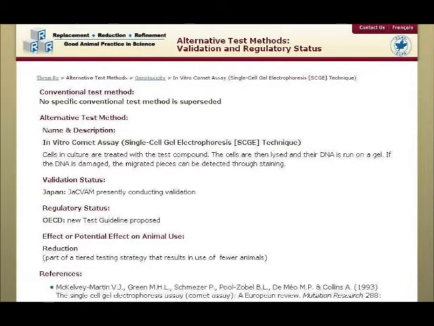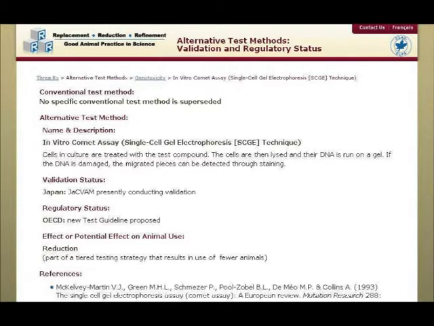This second and last in vitro test that I'm going to look at is called the in vitro COMET assay. It says cells in culture are treated with the test compound. The cells are then lysed, which means they undergo something, and their DNA is run on a gel. If the DNA is damaged, the migrated pieces can be detected through staining.